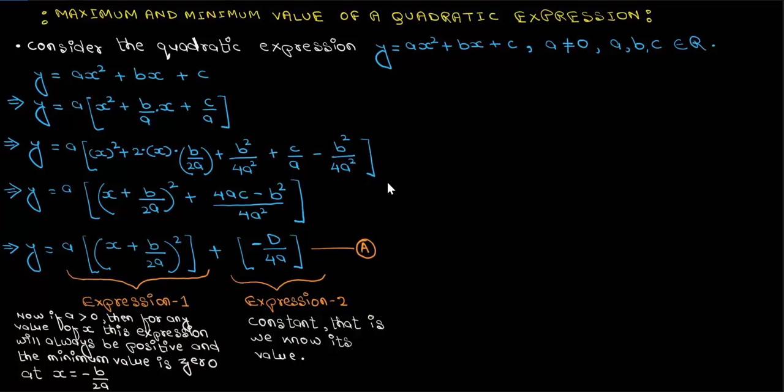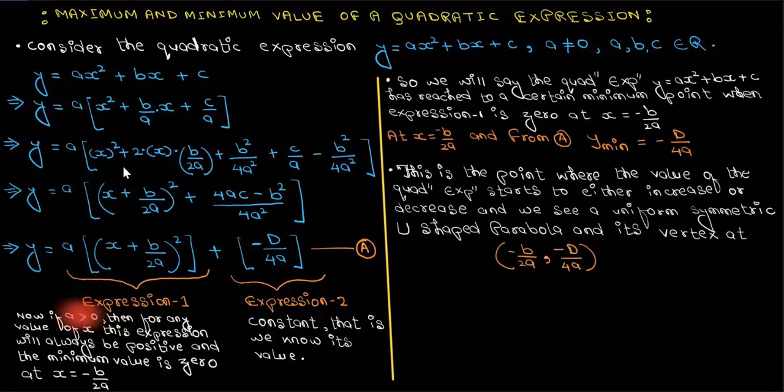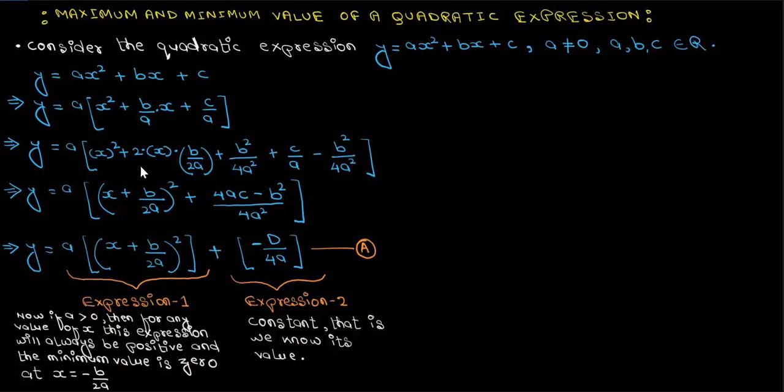So this is in the big bracket. So y equal to a common, and these first three terms, a square plus 2ab plus b square, is x plus b by 2a whole square, plus, and by solving you will get this expression, 4ac minus b square by 4a square. But you know that b square minus 4ac is d.